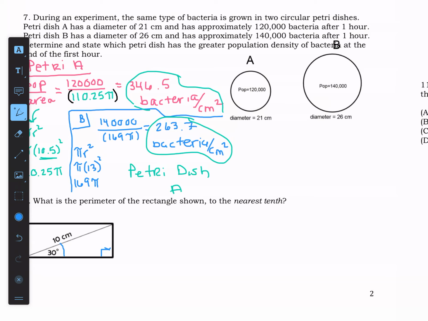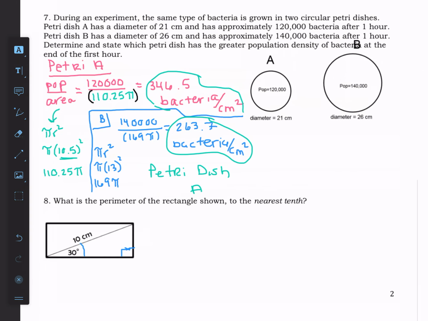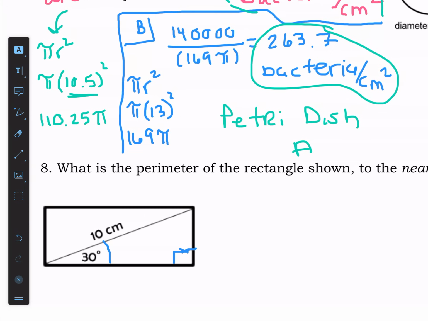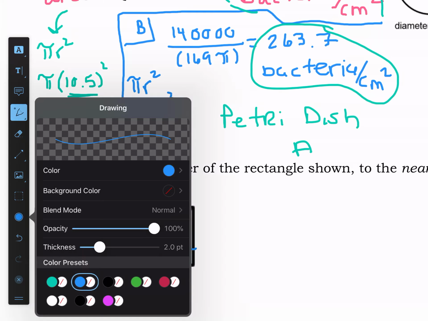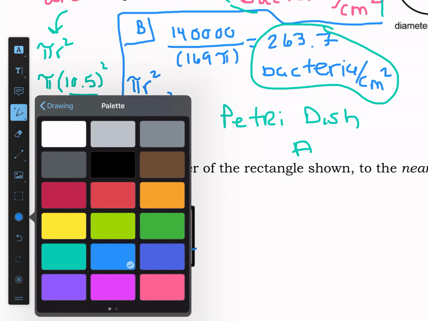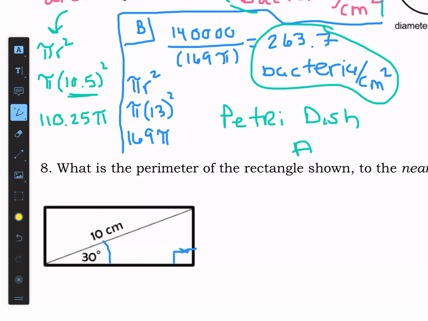So what you really have here right now are 2 right triangles, okay? So this is the tricky part of this problem, is that we're actually going to have to use trig before we can actually add any sides up. So I'm going to just focus right now on one triangle. I'm just going to pick this guy on the bottom, okay?